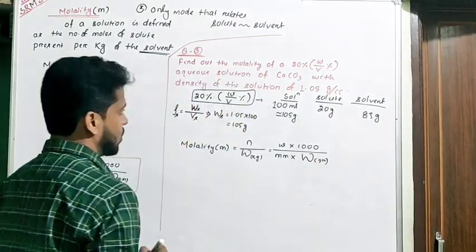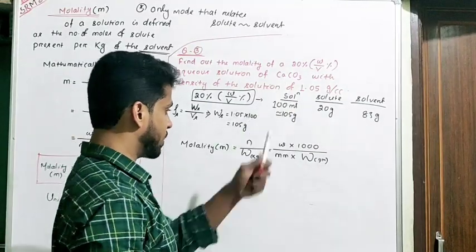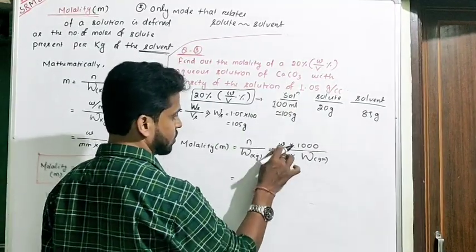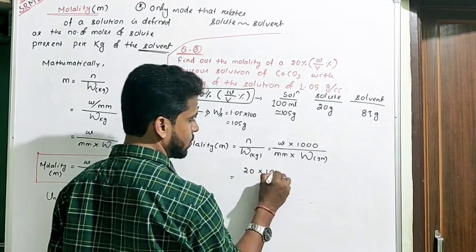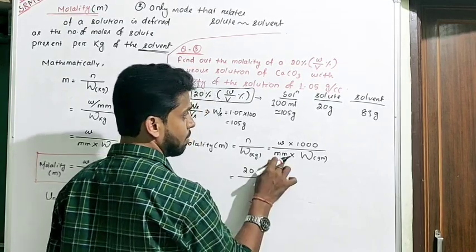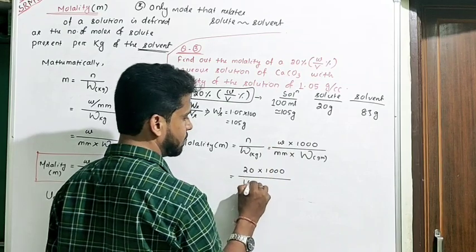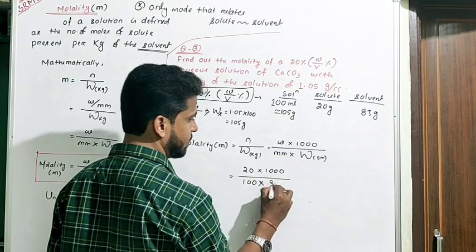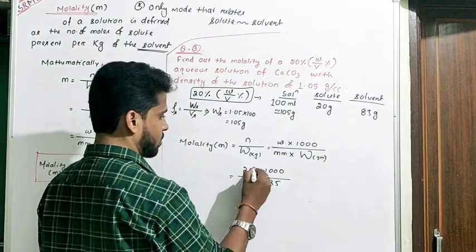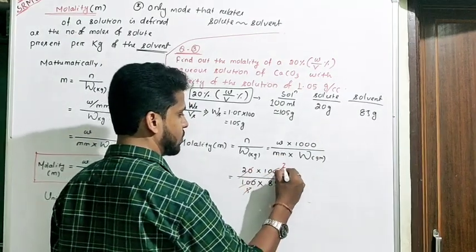Calcium carbonate is the solute. Mass of the solute is 20 into 1000, divided by molecular mass of the solute 100, into mass of the solvent, 85. So this is 200 by 85.